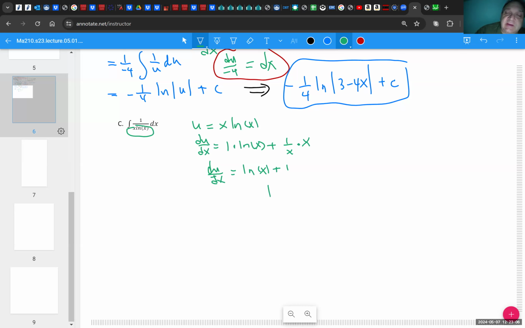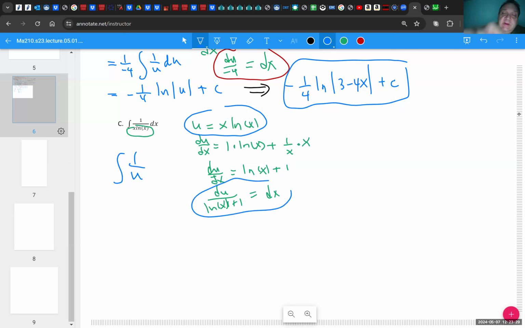And so I get dx is equal to du over ln x plus 1. All right, so we're going to use our u to be this bottom part. And that becomes 1 over u because we chose u to be that bottom part of the fraction. And instead of dx, we have this expression right here.